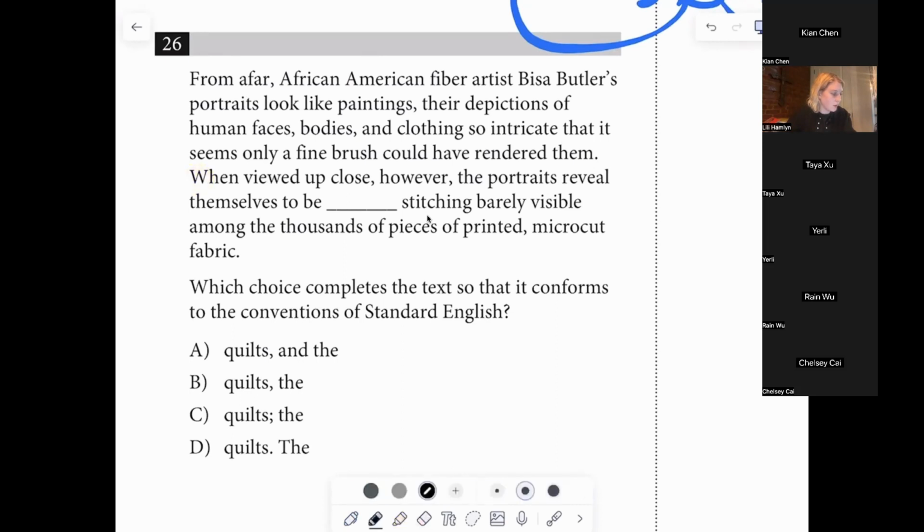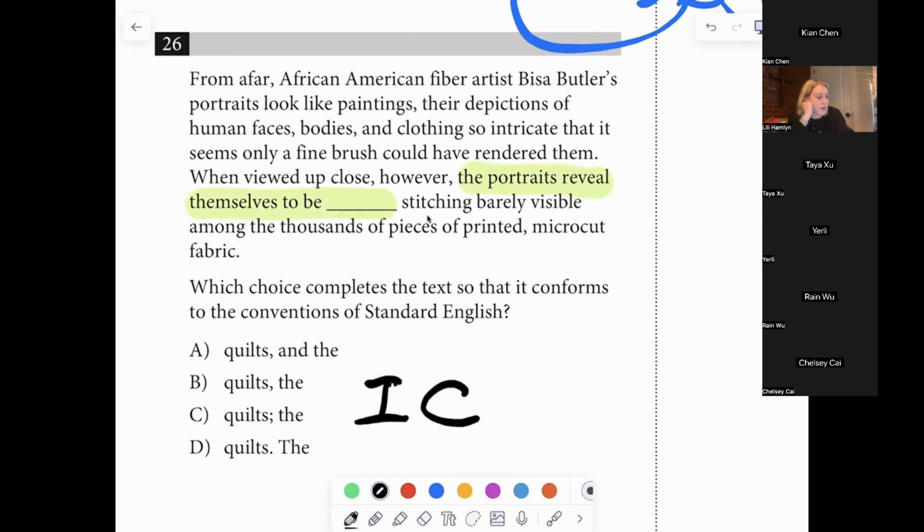we have the clause directly before: the portraits reveal themselves to be quilts. That is what? Independent or dependent? The portraits reveal themselves to be quilts. Yeah, exactly right. That is an independent clause. Then we have the stitching barely visible among the thousands of pieces of printed microcut fabric.